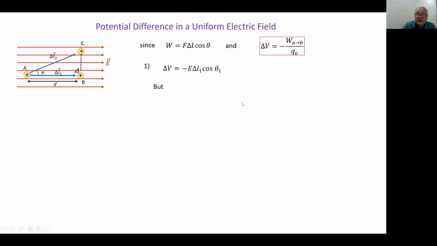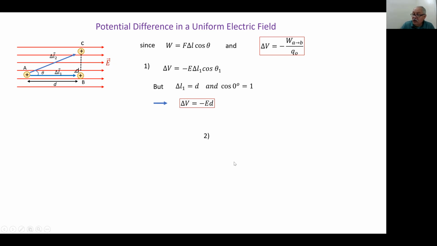Perfect. One more time, this is delta L1, it's D, and cosine 0 is 1. From here, when we substitute the values, voltage is equal to negative ED: the electric field, which is constant, times this distance parallel to the electric field.